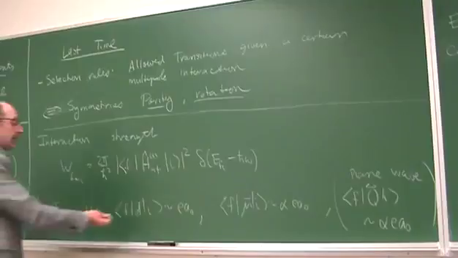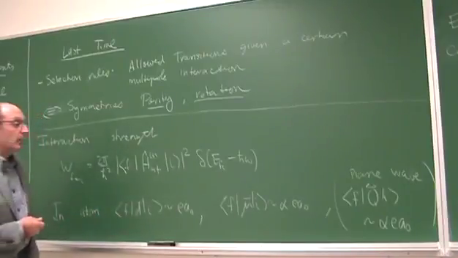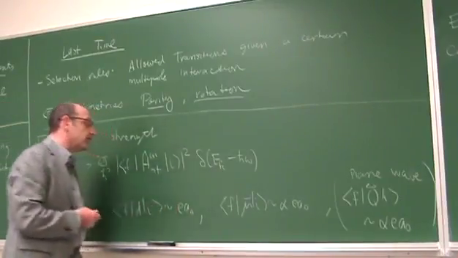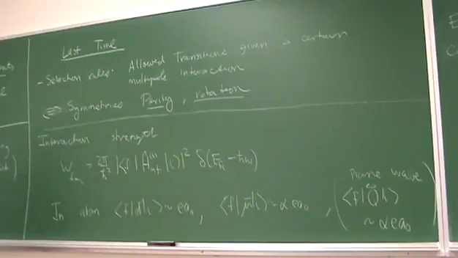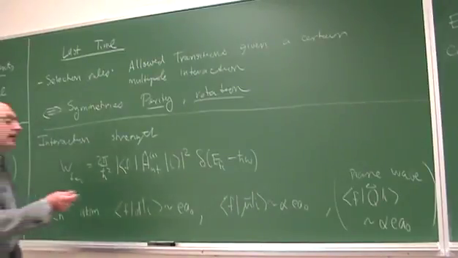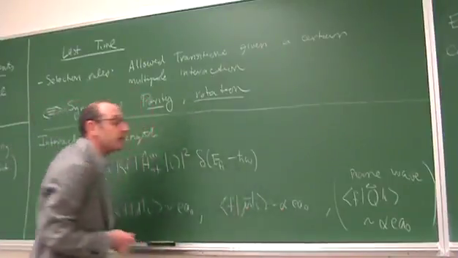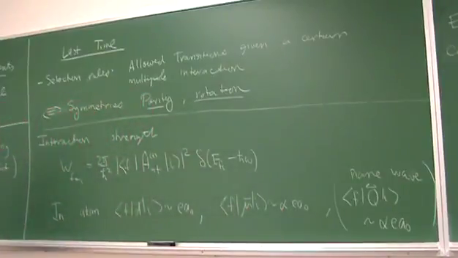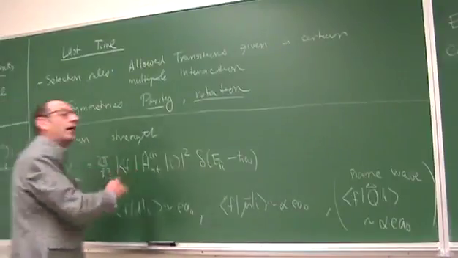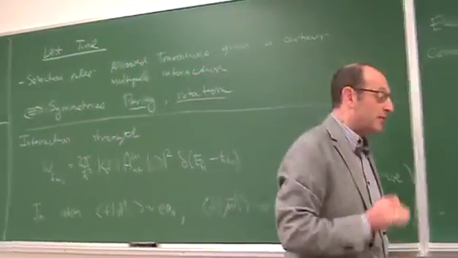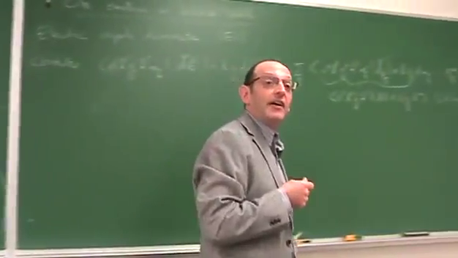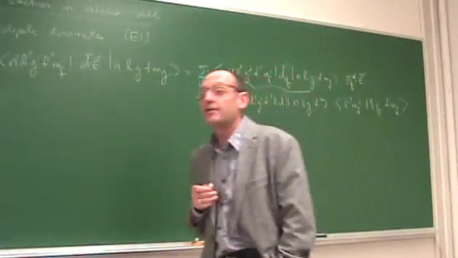So we have an electric dipole, which is on the order of the Bohr radius in atomic units. But the magnetic dipole moment is reduced by a factor that's on the order of the fine structure constant. So the square of this matrix element will be reduced by something like the square of the fine structure constant.